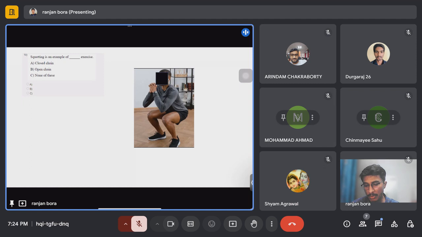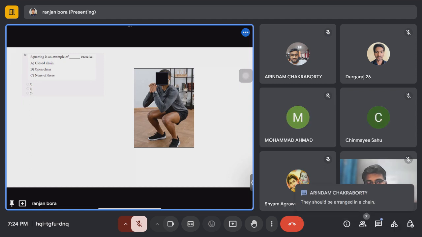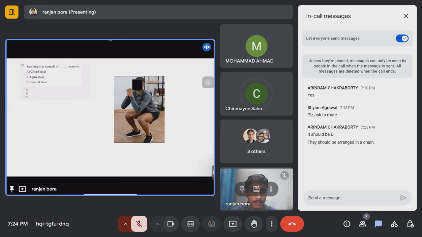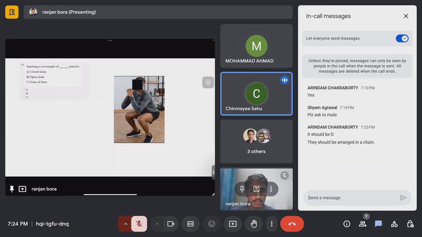Squatting is an example of open chain. Yeah, I will discuss about this in next class.